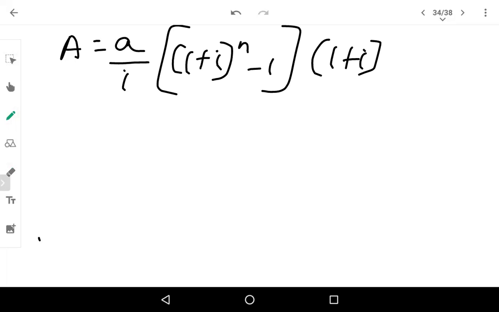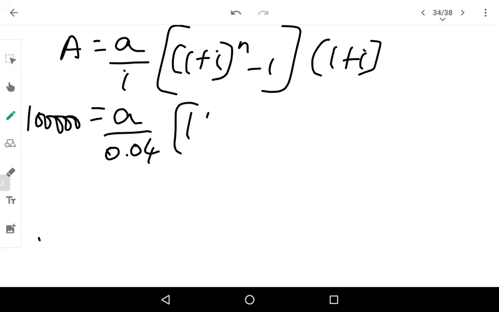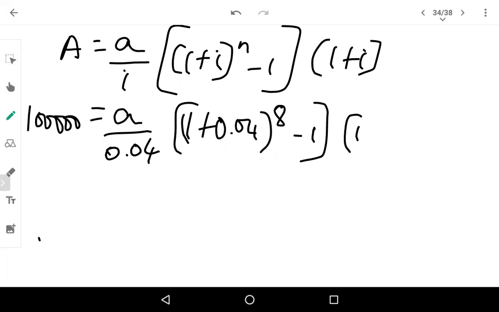We know the amount here, that is 1 lakh. We don't know a, so we'll write it as it is, divided by i is 0.04 into 1 plus 0.04 to the power n is 8 minus 1, into 1 plus 0.04.